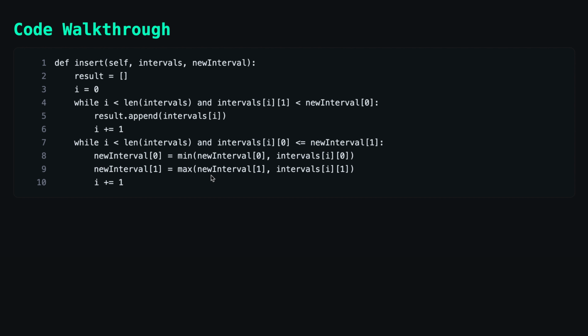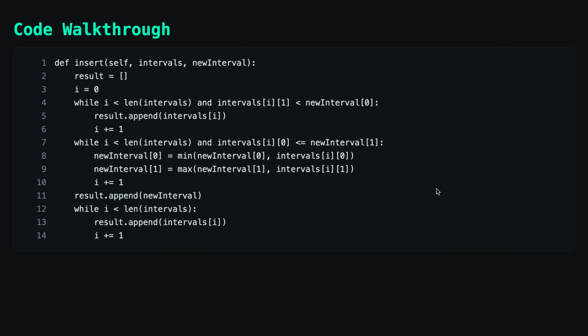Now once all overlaps are merged, we append the final merged interval to the result list. And finally, we append all the remaining intervals that come after the merged interval. And we return the result list which contains the correctly inserted and merged intervals. So that's the entire solution.